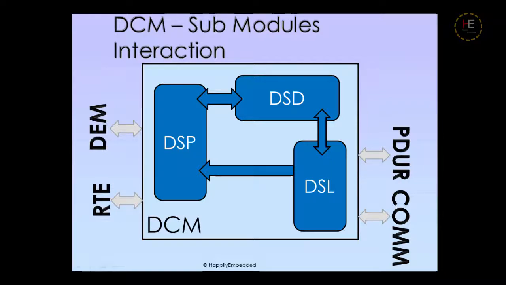These details will be checked by the diagnostic service dispatcher. It verifies all this information. If it is not valid, then it will reject the diagnostic request, because the request is invalid.